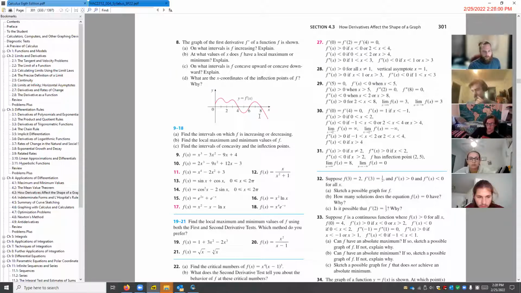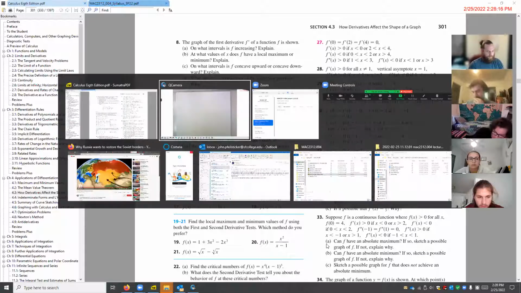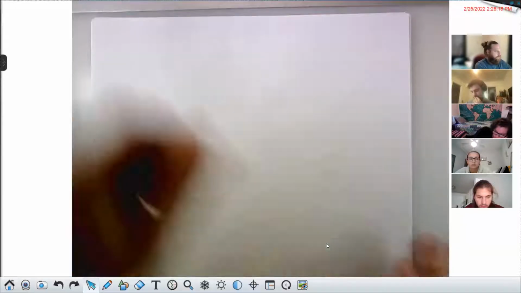Yeah, let's try. Let's take a peek at number 18 here, x to the 4 e to the negative x. We're just going to do the increasing decreasing part for now.